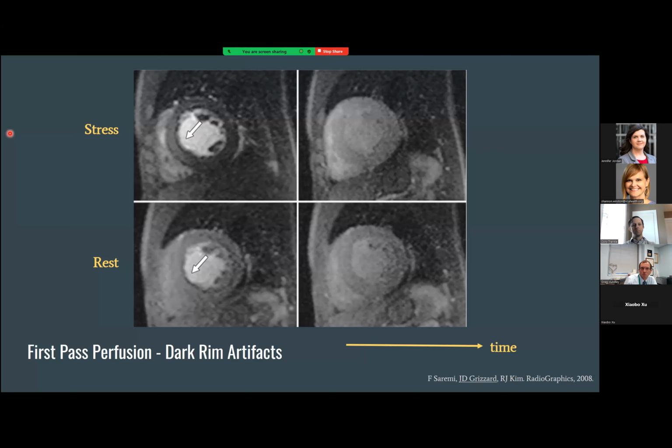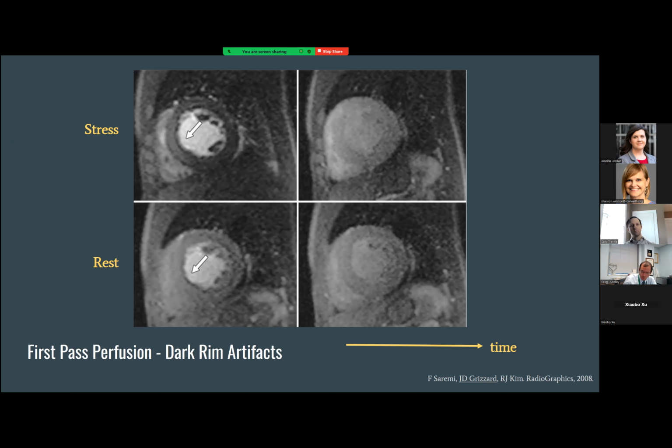The darkroom artifact has been attributed to many different types of factors, including partial volume averaging, a gadolinium-induced magnetic susceptibility, myocardial motion, and undersampling due to the low spatial resolution. It could be any single one of those, or it can be caused by multiple ones. But we know it's something that frequently occurs.